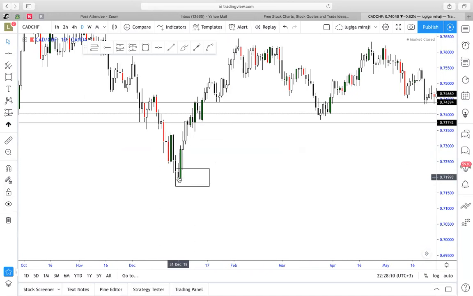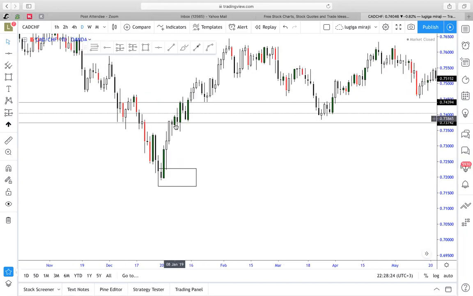Once this candle closed, another candle pushed the price up. That means it forms a V shape of the price. This V shape doesn't have many basing candles. It only has an engulfing candle. This is an engulfing candle.